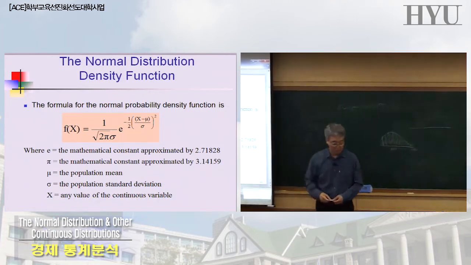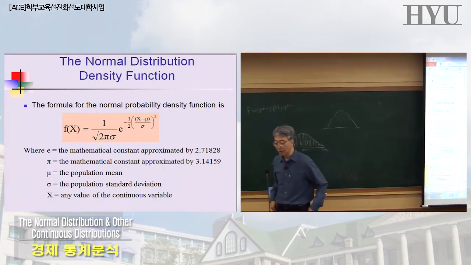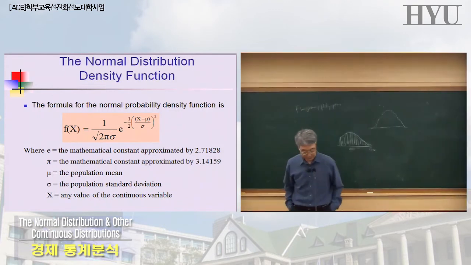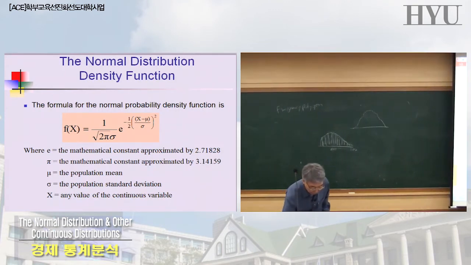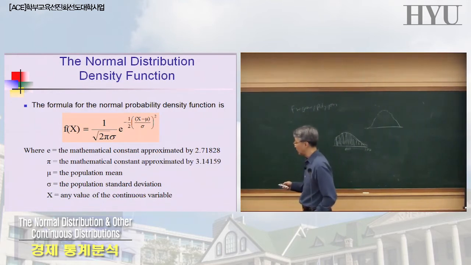You don't have to memorize that, and I'm not going to ask you to calculate this function. I'm just showing you there is such a thing. And you know what those are: the natural constant of 2.78 and pi, all kinds of nasty numbers. And this is the actual functional form of this curve. That's what we call the normal probability density function.